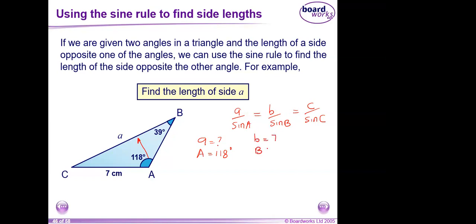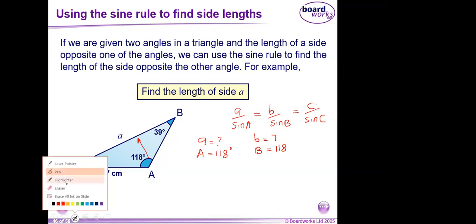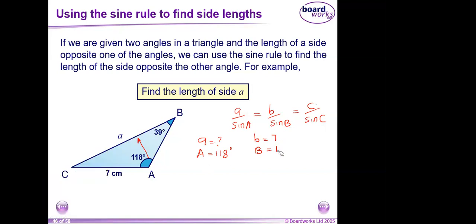Have we been given the angle B? Yes, which is 108. Now this third one, C. No, teacher, angle B is 39. Oh, okay. Yes, this angle B is 39.